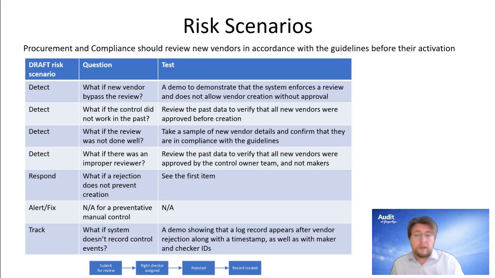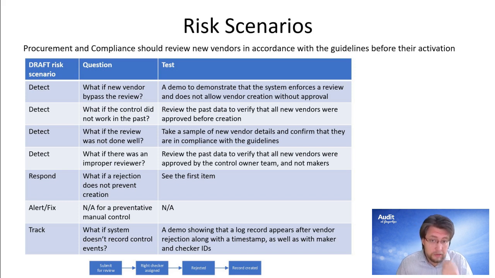Okay. We see that we got a demo, and we see that control is working. However, remember, the audit period is not just the current moment. It might be like 12 months. In that case, how can we verify that control worked in the past? Maybe control didn't work in the past.